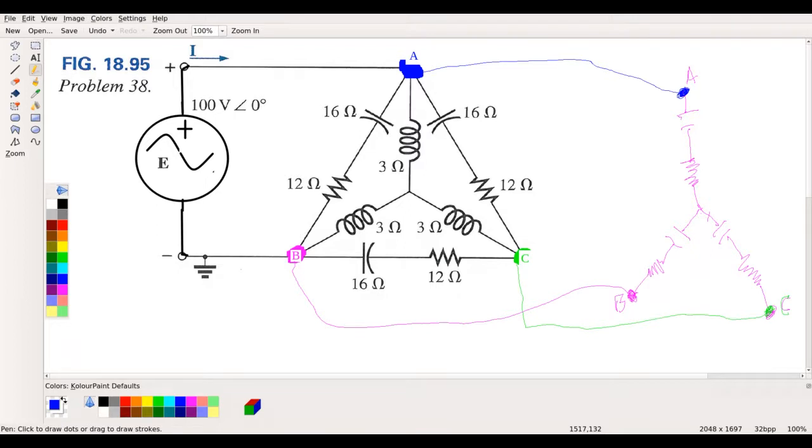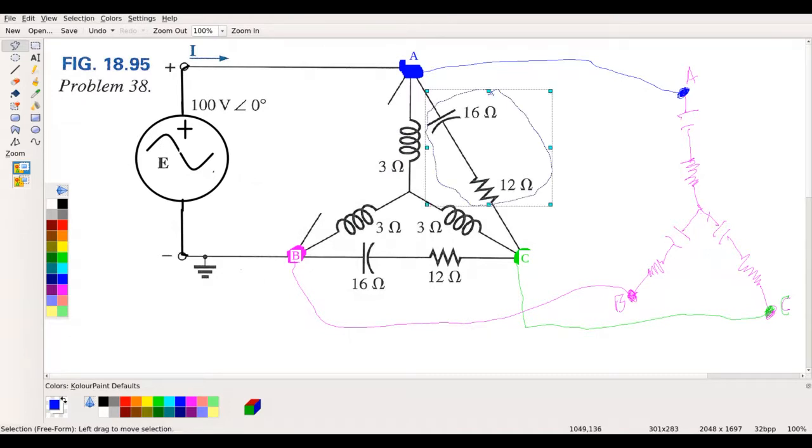Then that would replace the delta circuit.